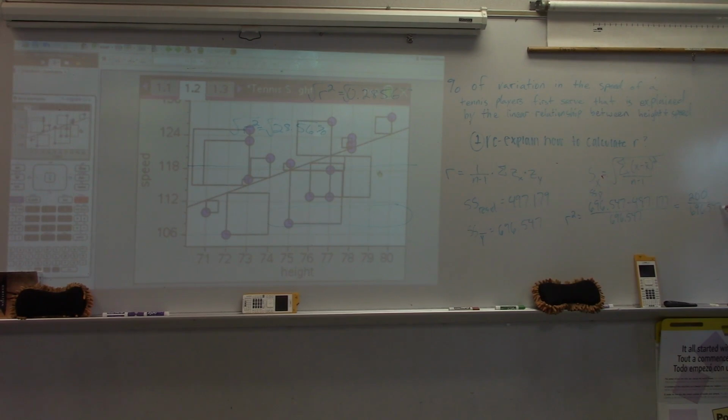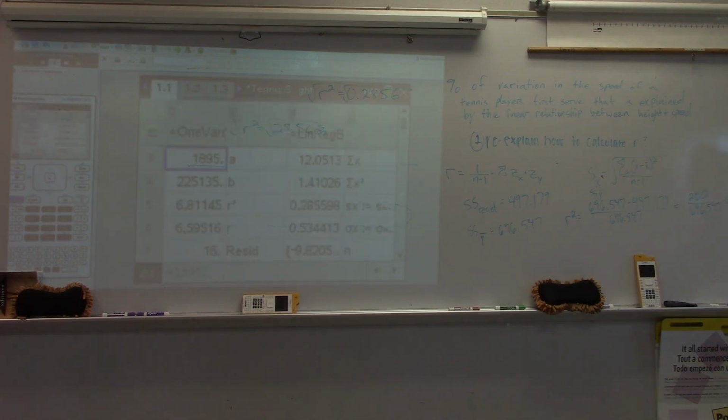Just do 200 divided by 696 to see what it comes out to be. It's 0.2873. Look at what R squared is here from the calculator, 0.2856.